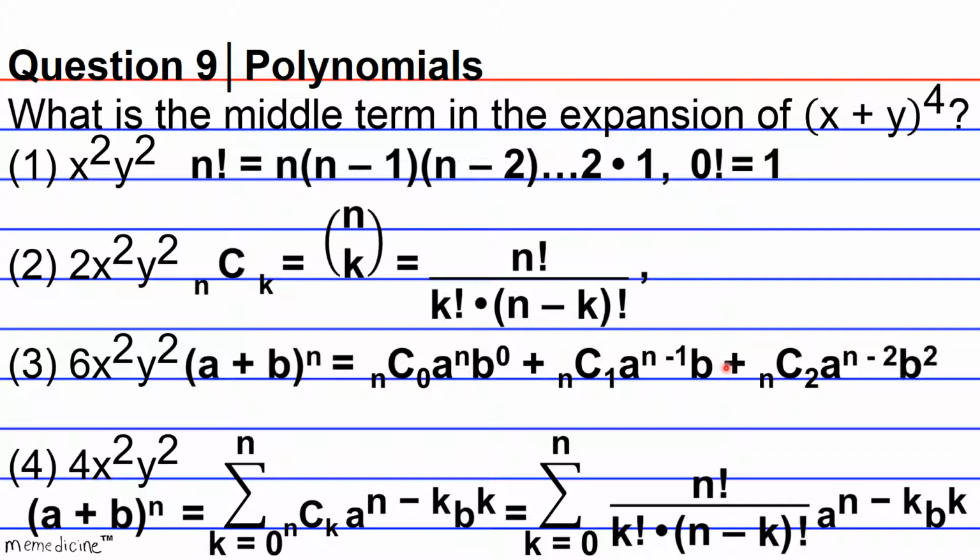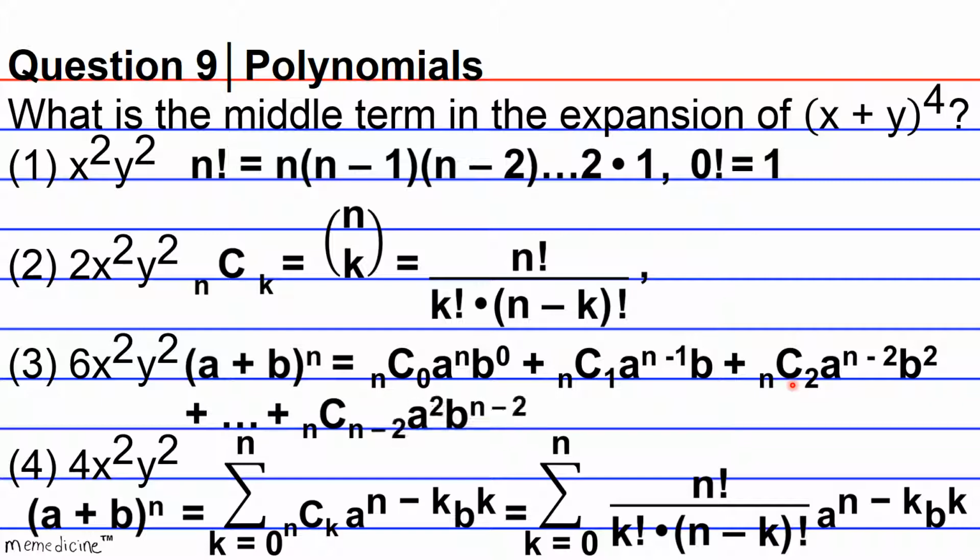Okay. Next, we're going to have n choose 2 times a raised to the n minus 2 times b raised to 2. Again, the powers of a are decreasing and the powers of b are increasing as k increases. Okay, so the powers of b increase directly with k, and the powers of a are decreased by the magnitude of k.